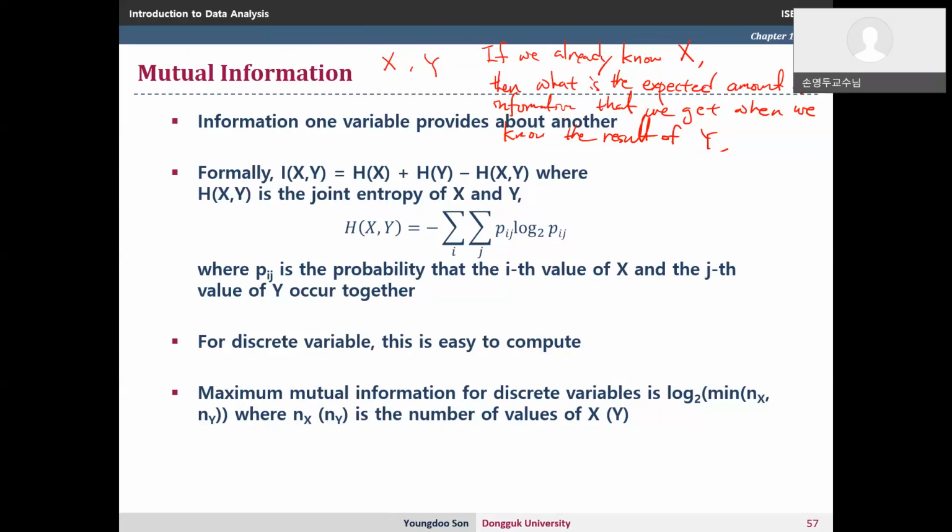We can define it in the opposite way. When we already know y, what is the amount of information newly given from x? And the interesting point is that these two values are the same.